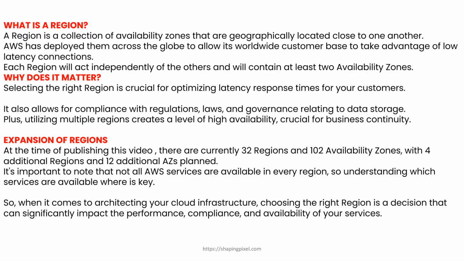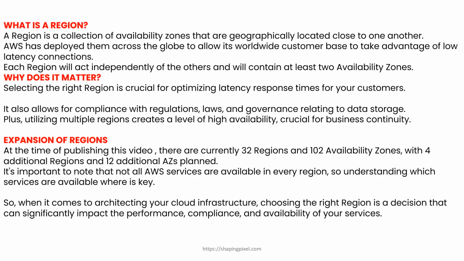Each region acts independently of the others and will contain at least 2 availability zones. Selecting the right region is crucial for optimizing latency response times for your customers. It also allows for compliance with regulations, laws, and governance related to data storage. Plus, utilizing multiple regions creates a level of high availability crucial for business continuity.